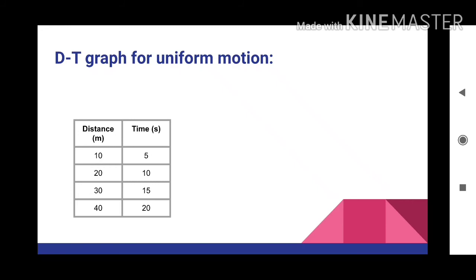Look at the distance: at 5 seconds 10 meters, 10 seconds 20 meters, 15 seconds 30 meters, and 20 seconds 40 meters. The difference in distance is 10, it is constant, and the difference in time is also constant, that is 5 seconds. This is the data of an object which is exhibiting uniform motion.